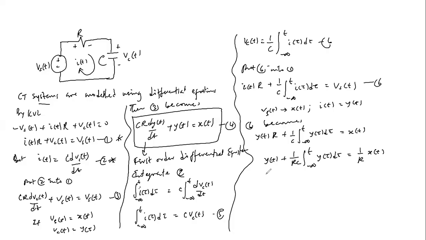Hence, should we differentiate through, then we have dy of t over dt plus 1 over RC y of t is the same as 1 over R dS of t over dt.